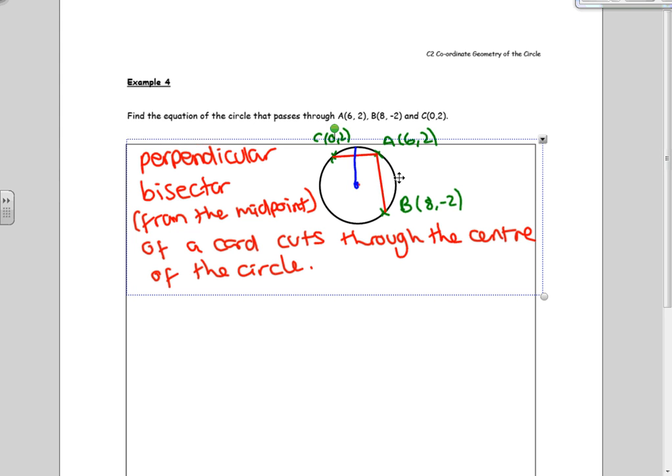And if we cut through the midpoint of our line AB, we will also hit the center of our circle.